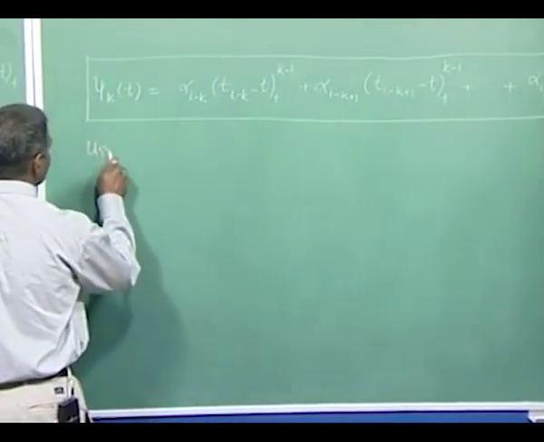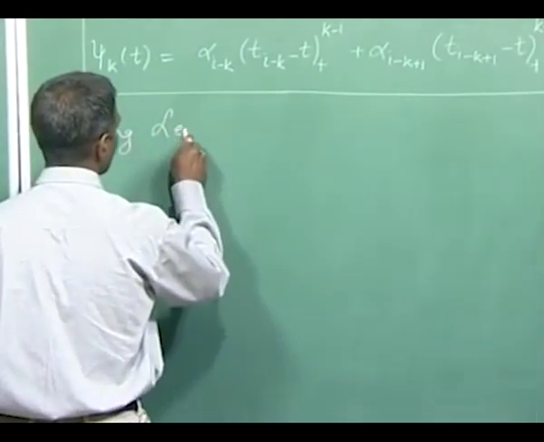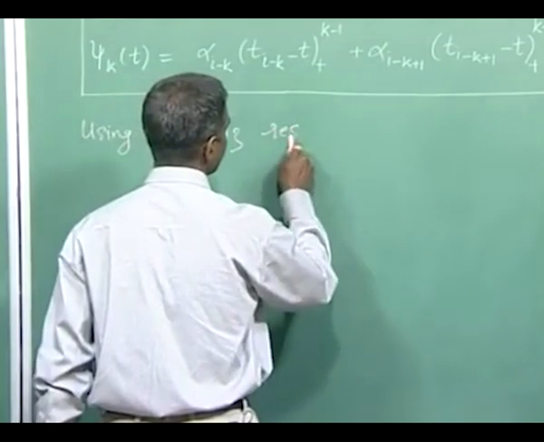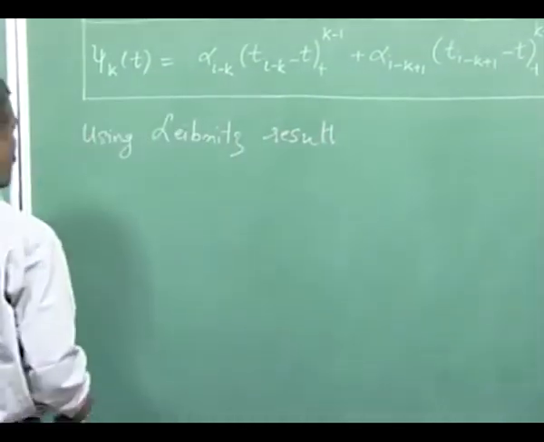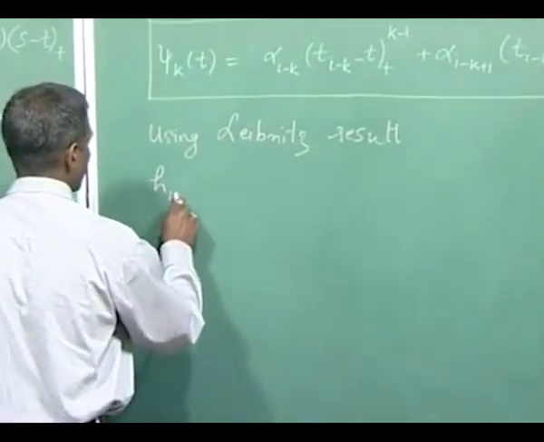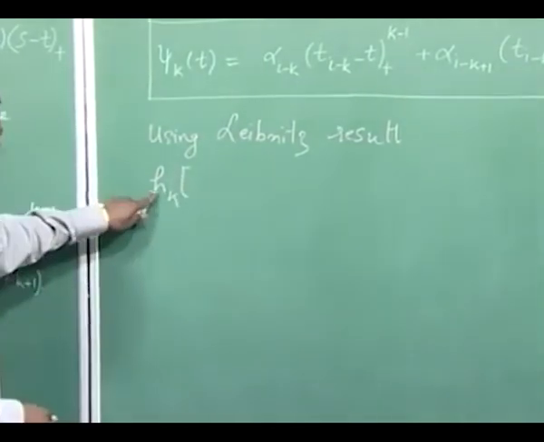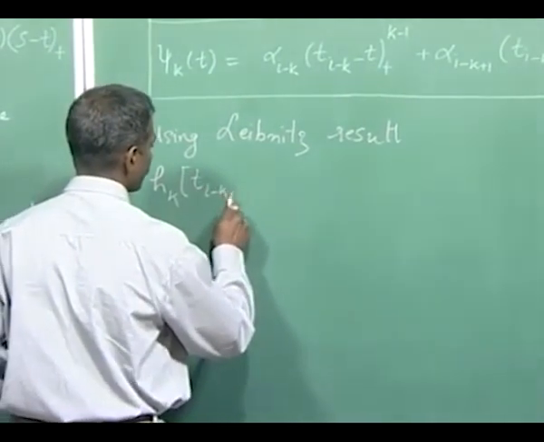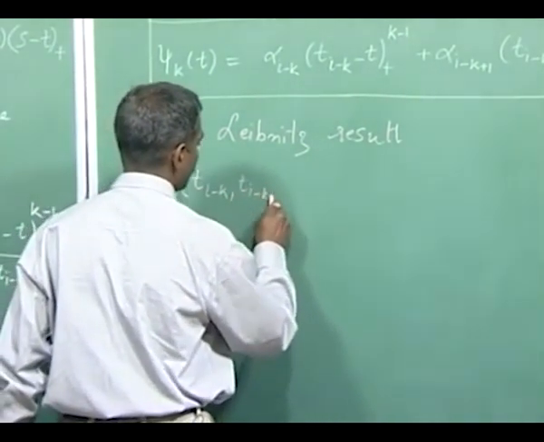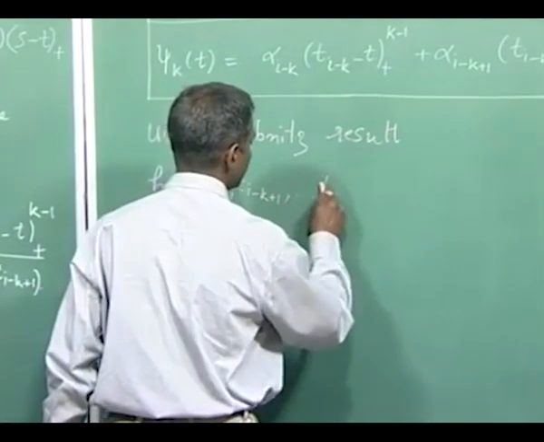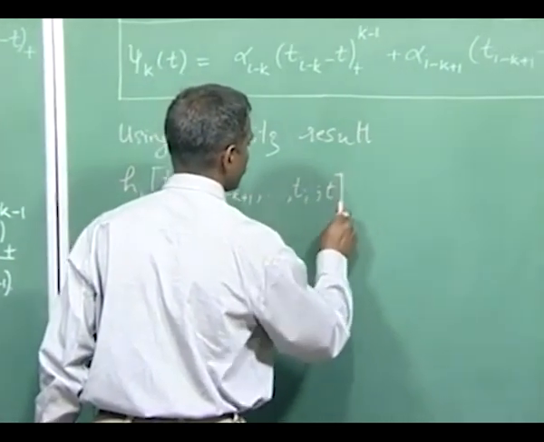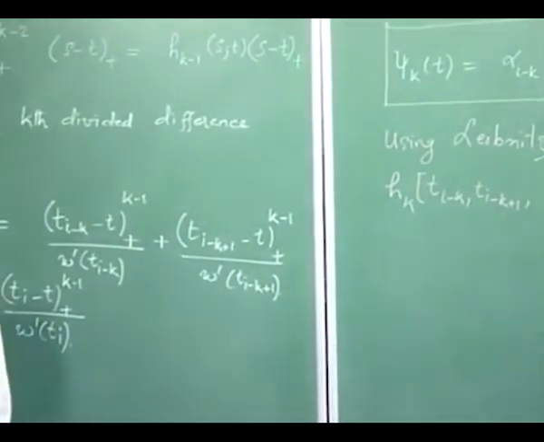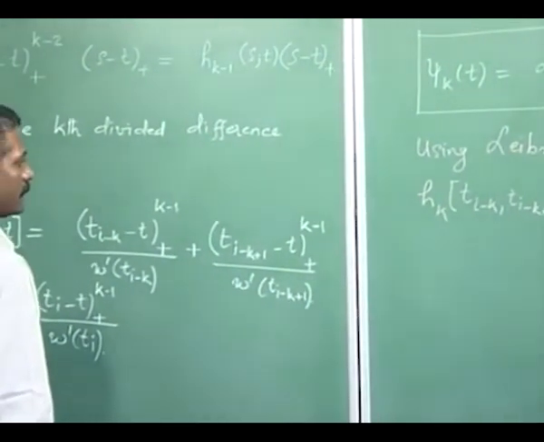So using the Leibniz result, the kth divided difference of h_k, t_{i-k}, t_{i-k+1} up till t_i; t, is equal to, and I can use the Leibniz result directly on the right-hand side.